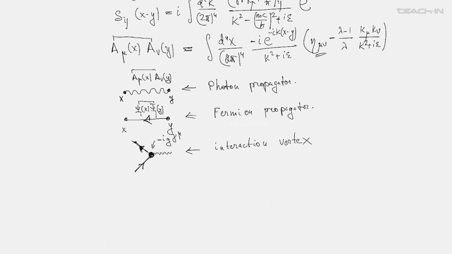So we need a state in the asymptotic Fock space, say containing n photons. So n_ph will denote the number of photons.